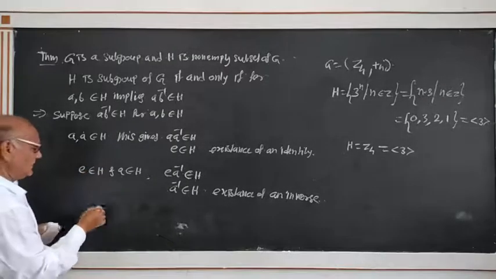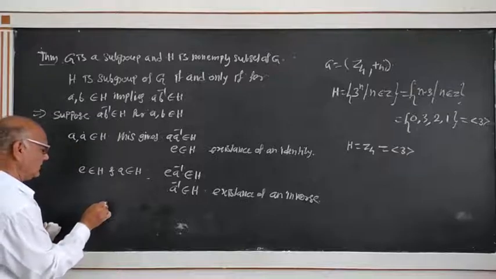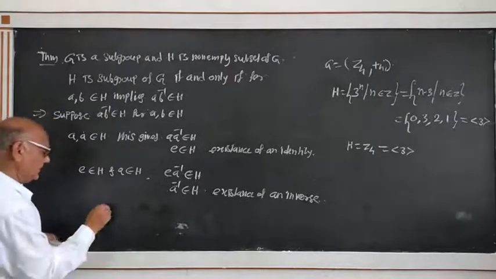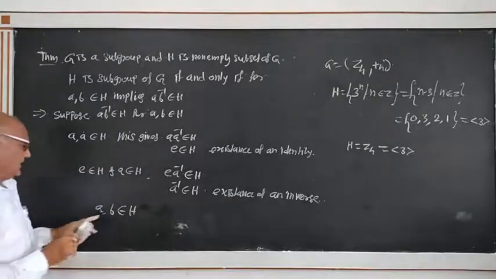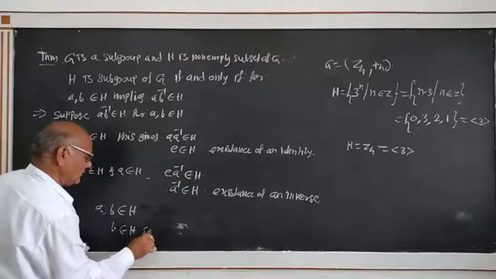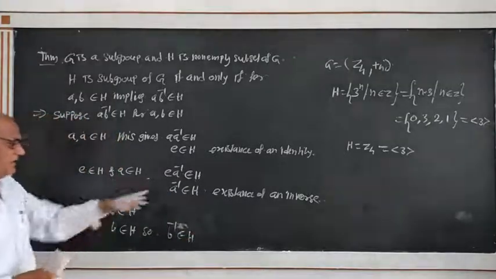Next, to show closure property, a, b belongs to H. Here b belongs to H, so b inverse belongs to H by above.